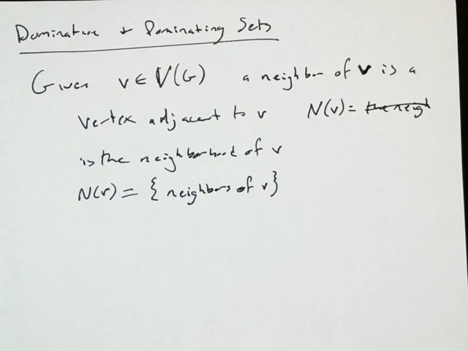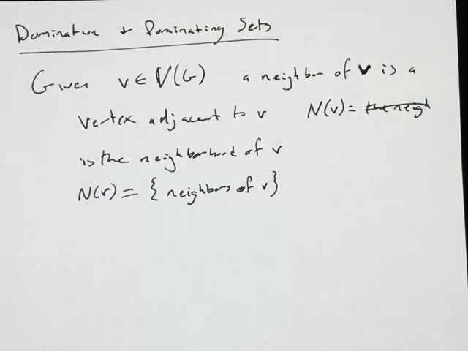Because what's missing from that set that would connect all of those things together? V itself. I'm only looking at the neighbors of V.